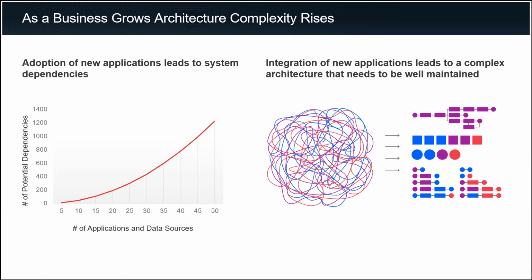So there's a fine line between having more data sources, more dependencies, and a more complex architecture, versus not implementing integration for some reason, leading to data silos and then to data unavailability.